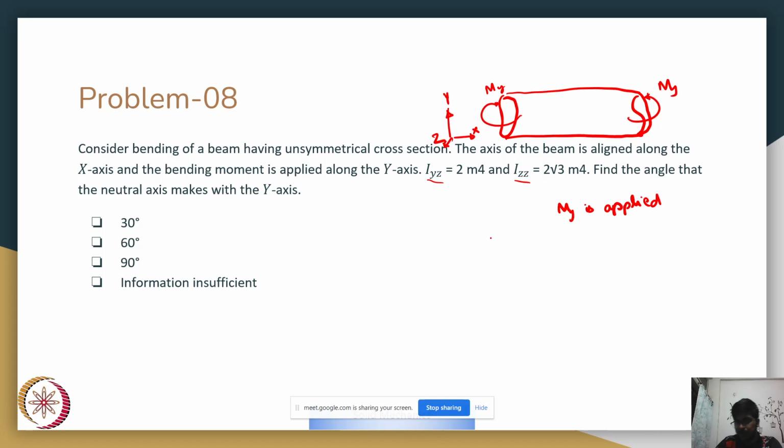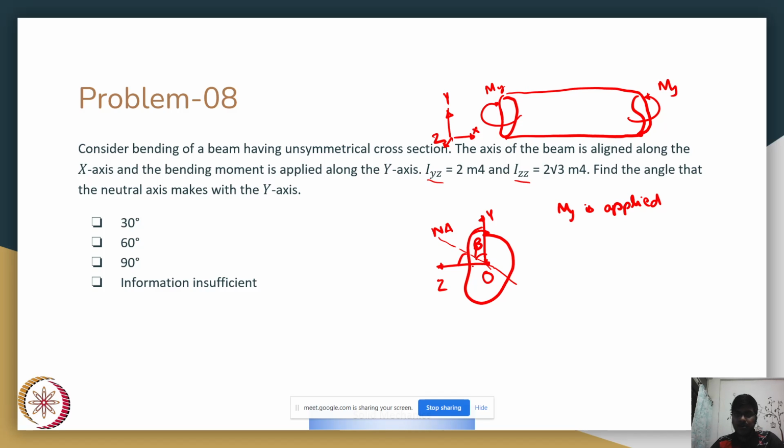So if you look at the general case of an unsymmetrical cross section with, say, y and z axes, suppose beta is the angle that your neutral axis makes. The neutral axis, we know, will still pass through the centroid, and it would now make an angle beta with the y-axis.